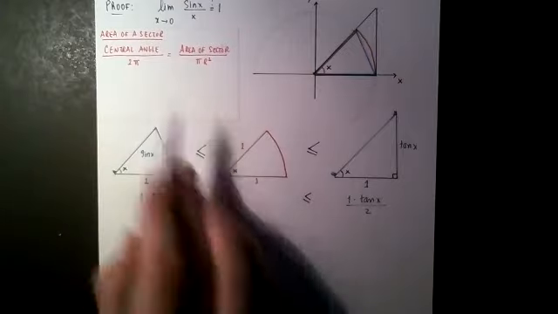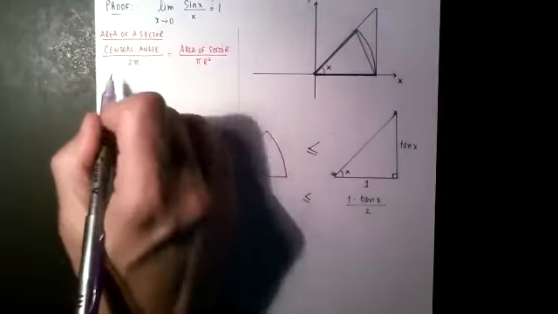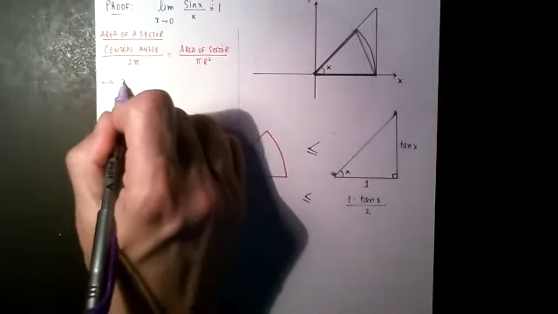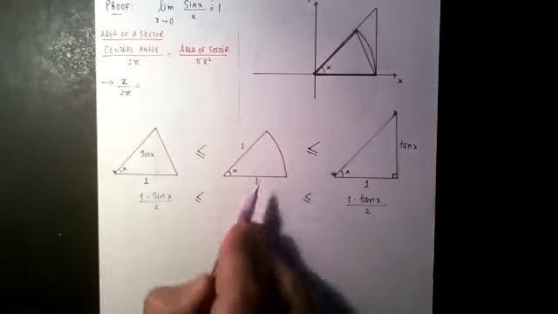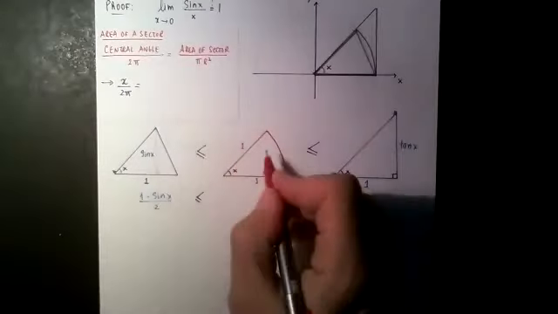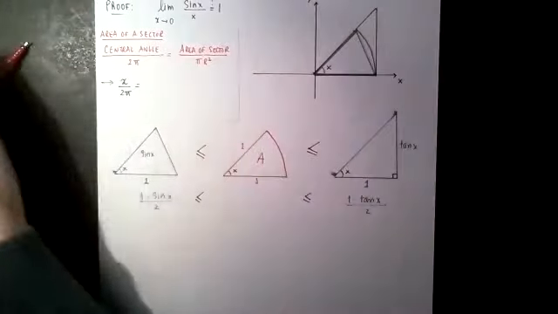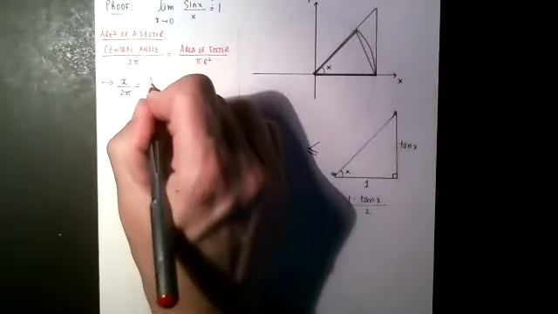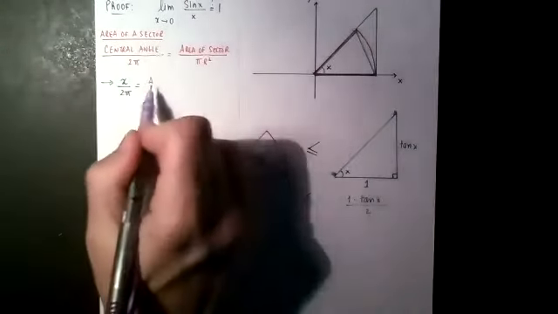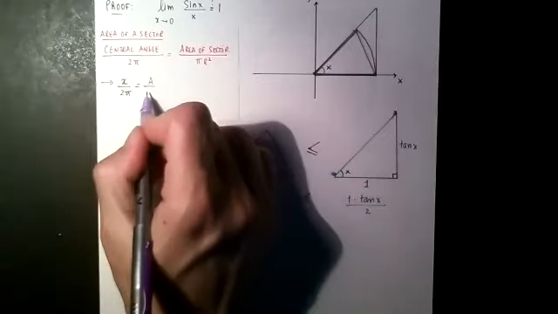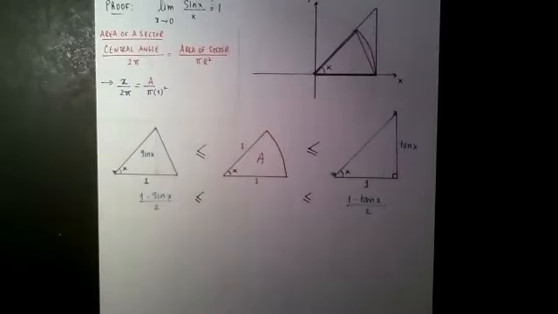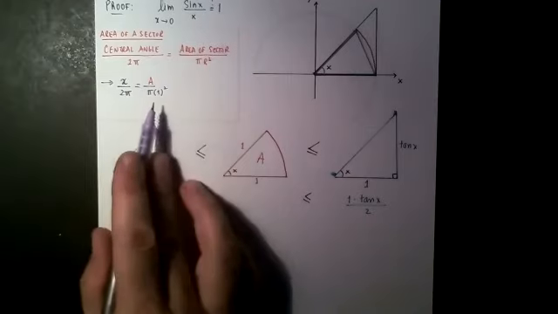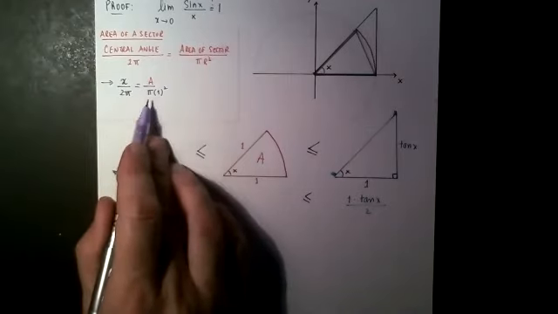We have the central angle x over 2 pi equals the area of the sector, which I'm going to call A, which is equal to A over pi r squared, but the radius here is 1. True? So it's just A over pi.